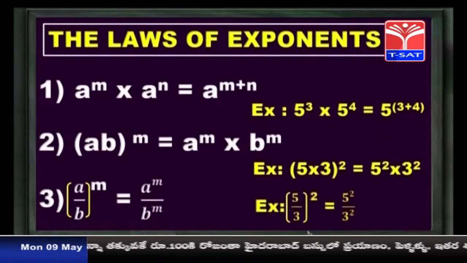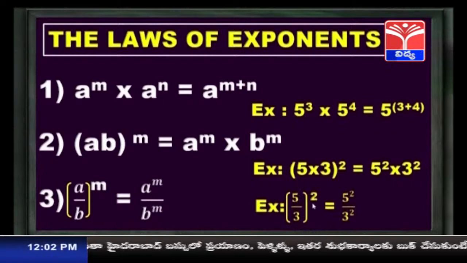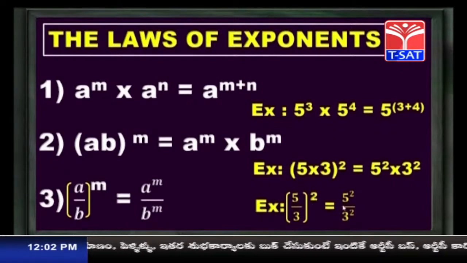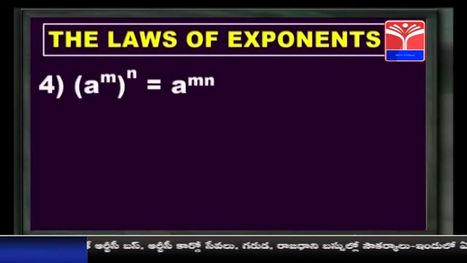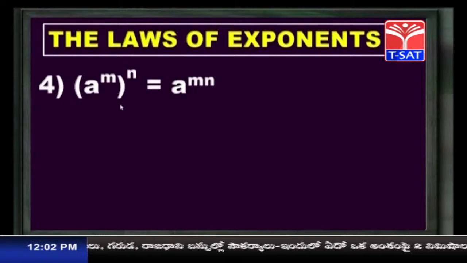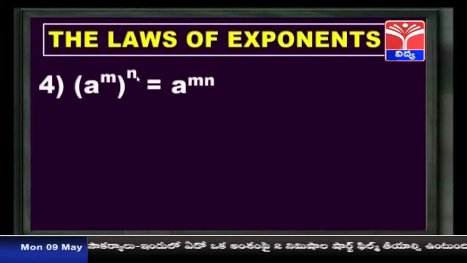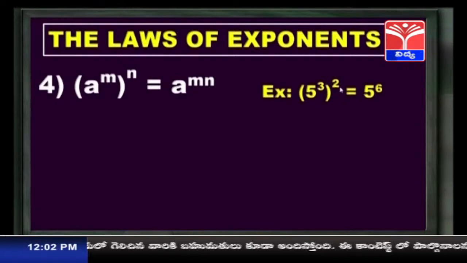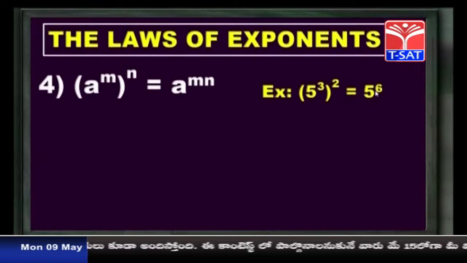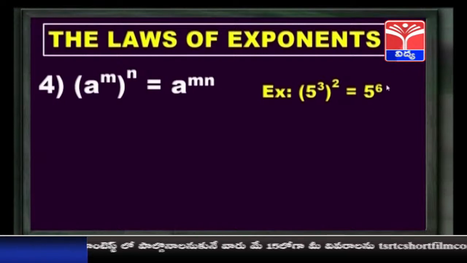For example, 5 by 3 whole power 2 is equal to 5 power 2 by 3 power 2. Fourth formula: a power m to the power of n is equal to a power m into n. So example, 5 power 3 whole square is equal to 5 power 3 into 2, which will become 5 power 6.